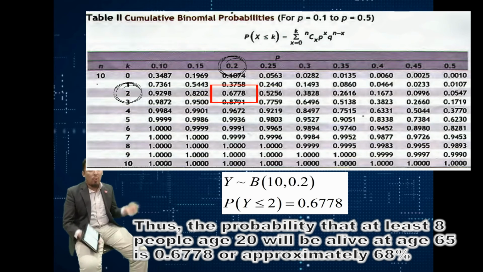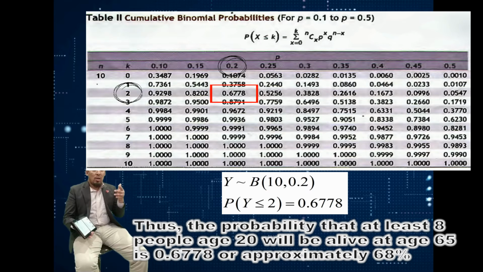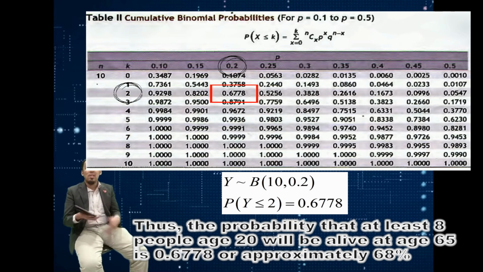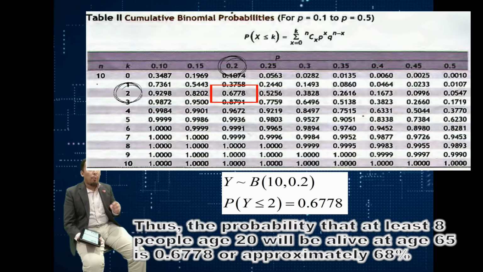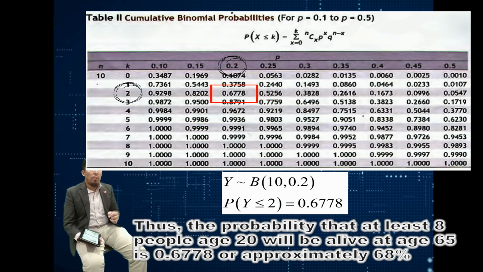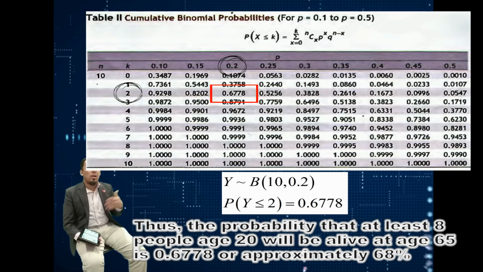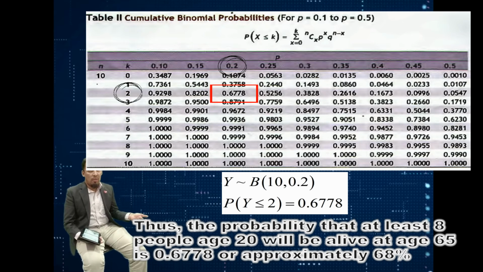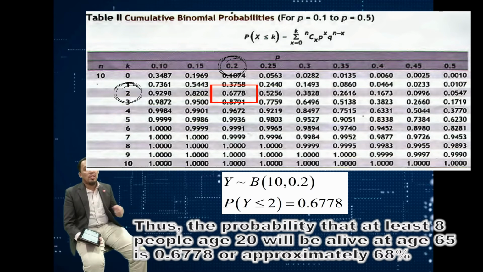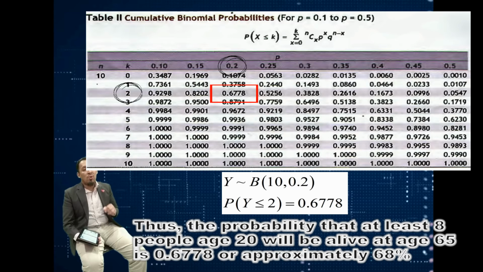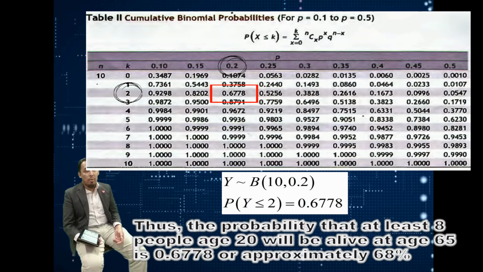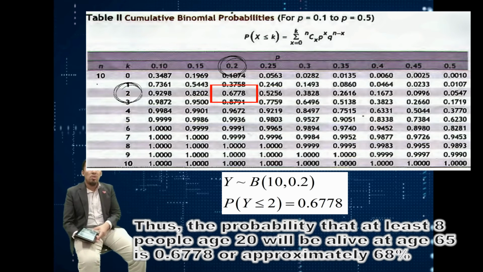Basically, we are looking at the same thing, just from a different side. So 0.6778 can be the probability for at least 8 who are alive, or at most 2 that are not alive. That is how you solve the question by using the binomial table if p is more than 0.5.